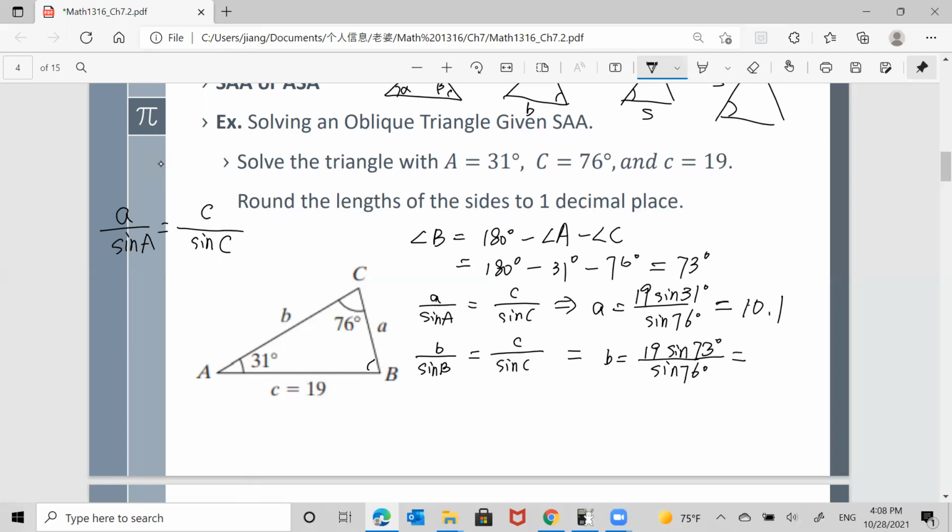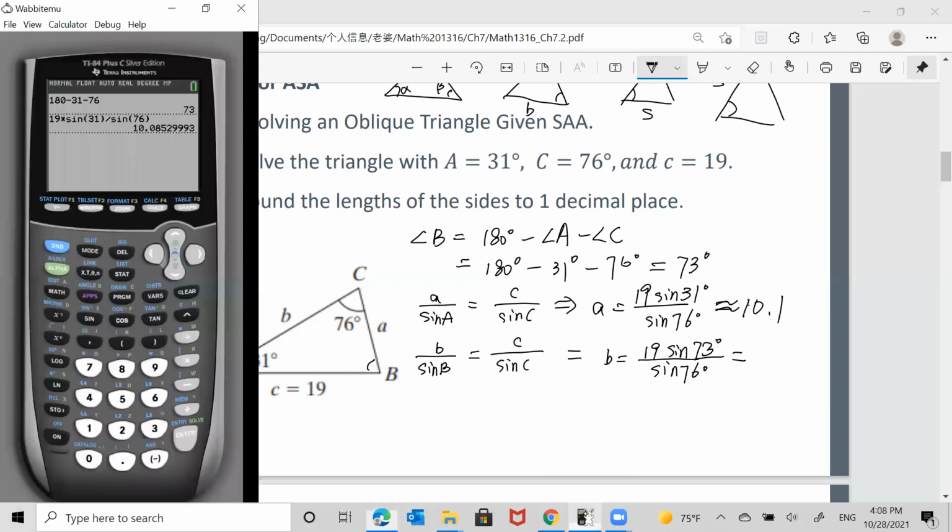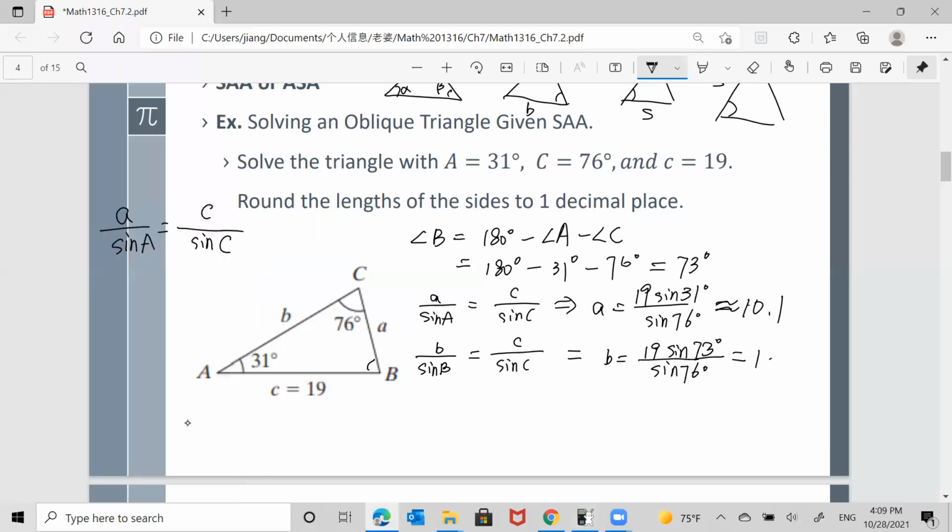So it's about 19 times sine 73 degrees divided by sine 76, close the parentheses, hit enter. 18.7. So we solved a, b, c, and all the angles.